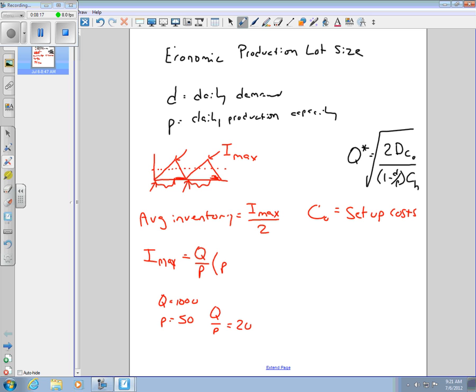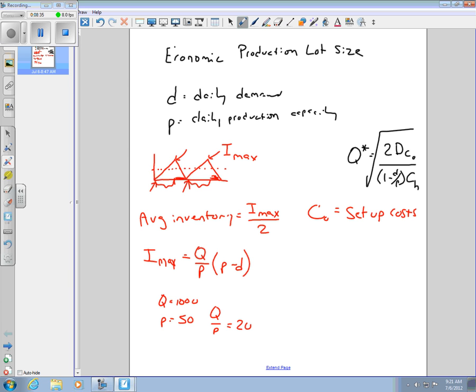And if I look at that times P minus D, which recall is the amount I accumulate each day, now I've got the number of days in the production run times the amount I accumulate each day. And that's where my inventory peaks. Okay?